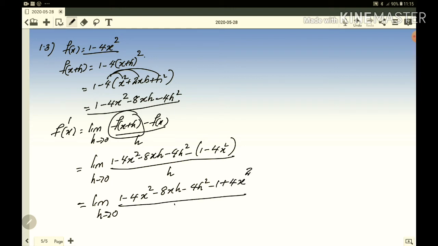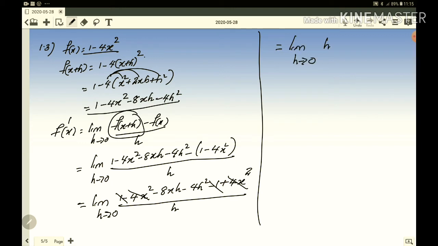divided by h. Now we can see in the numerator same number, different symbol: plus 1 minus 1, minus 4x square plus 4x square. So what is left there is all of them having h. We can take h outside because you have to eliminate the denominator h before you apply limit. That is equal to limit h tends to 0.